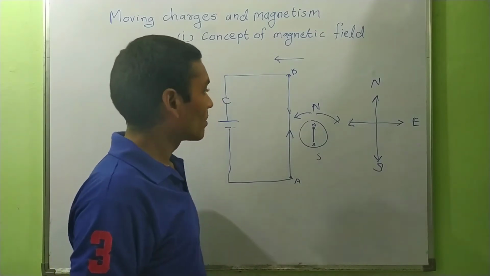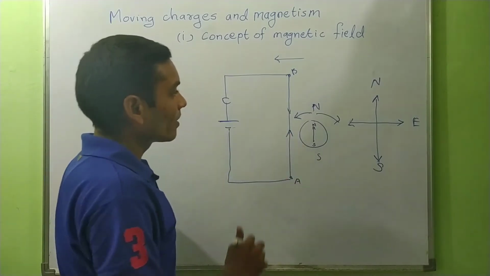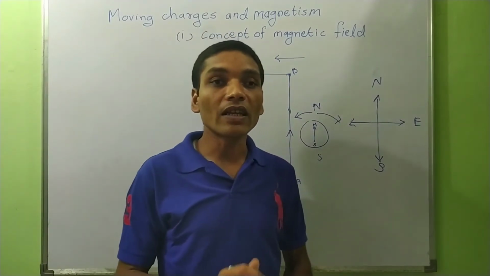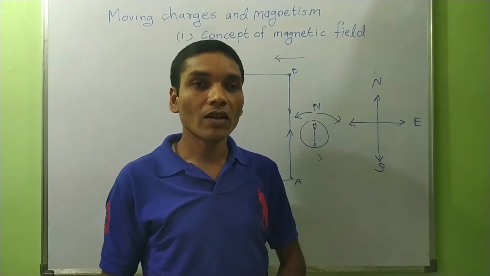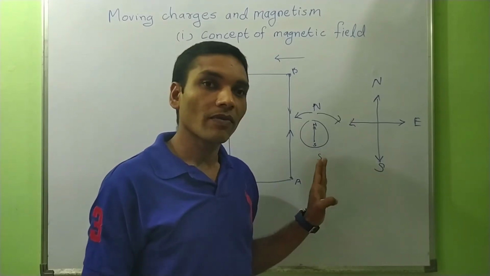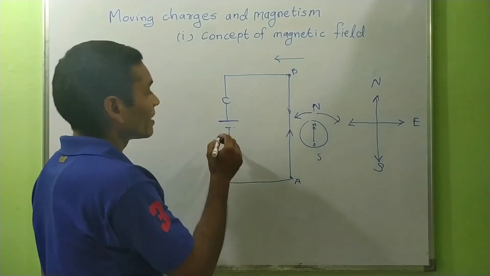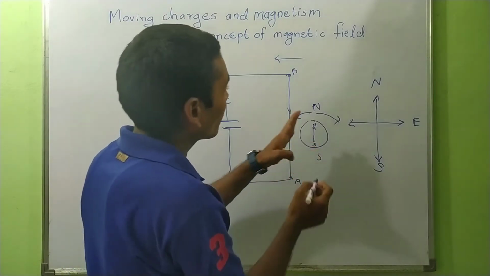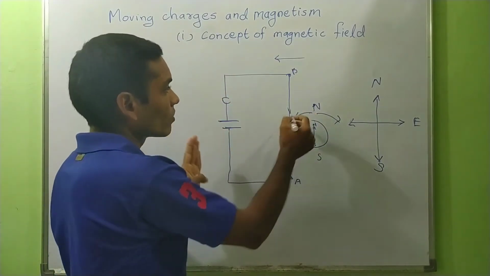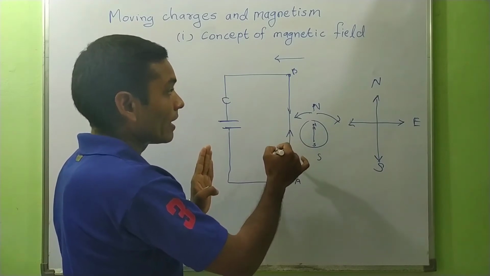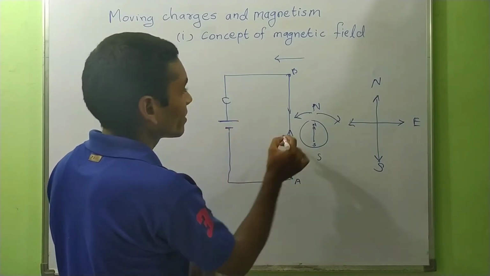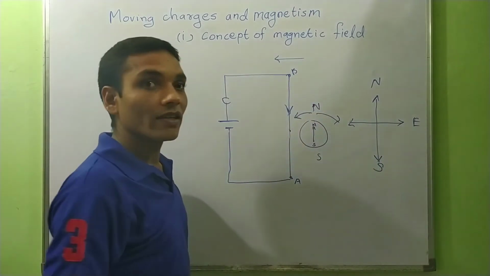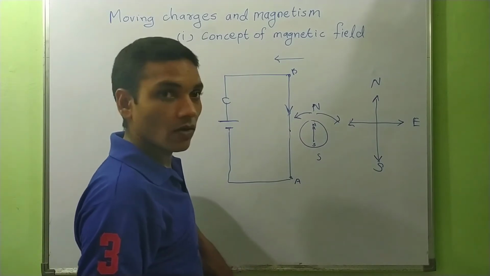The conclusion is that when current is flowing through the conductor, a magnetic field is produced here. If the direction of the current is A to B, then the direction of deflection is towards the conductor, and if the direction of current is changed to B to A, then the direction of deflection in the magnetic needle is reversed.